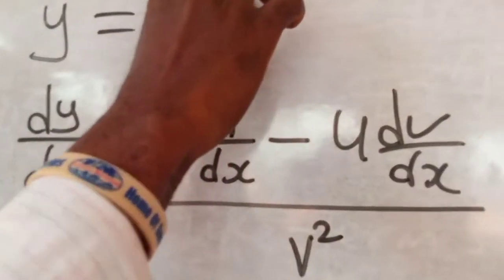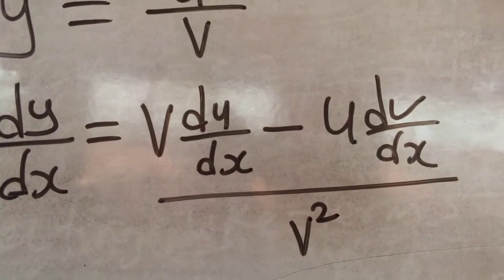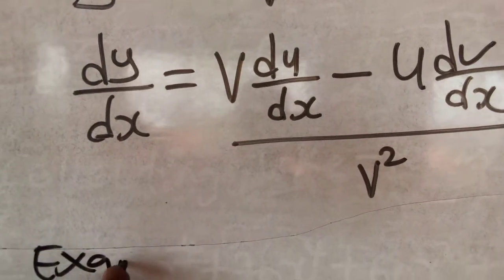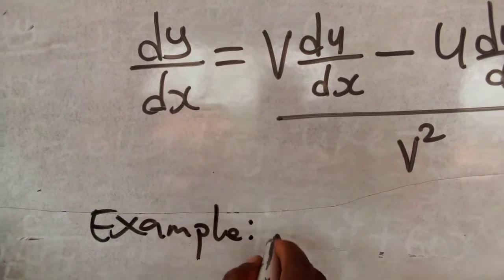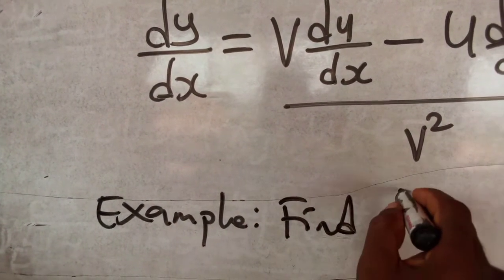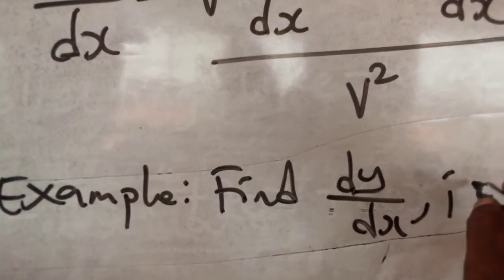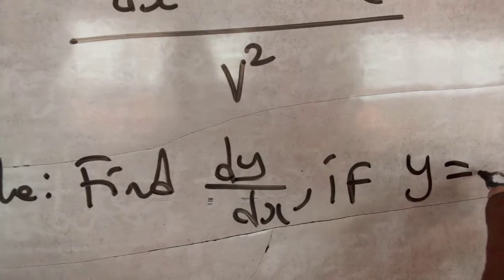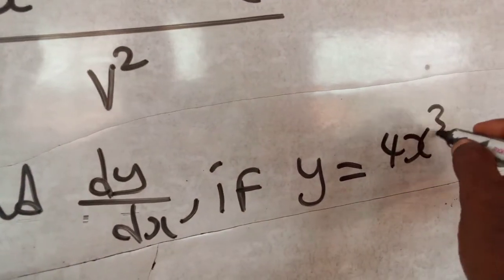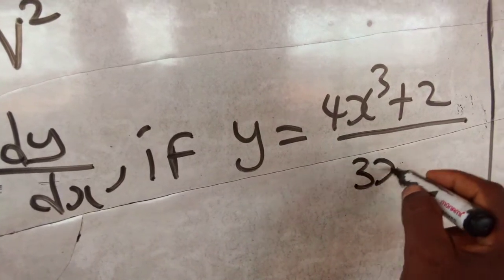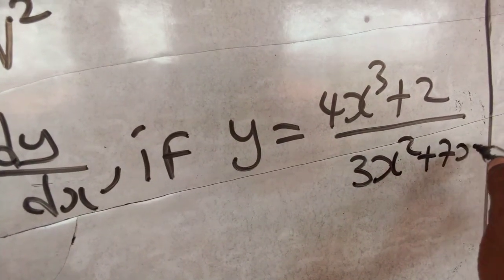So every time we have a fraction, 2 functions of s divided. Example, if you are asked to find dy over ds if y is 4s raised to the power 3 plus 2 all over 3s raised to the power 2 plus 7s.